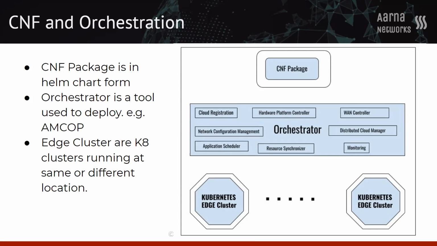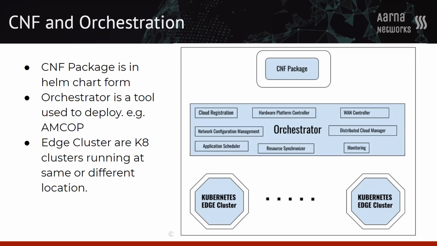When we want to onboard these packages to any of the Kubernetes edge clusters, there is a tool that sits in the middle, as we see in the diagram, called an orchestrator. The orchestrator will pick up the CNF packages and deploy them on one or more Kubernetes edge clusters. These clusters could be different public clusters or they could be private. As I said in my previous slide, any of these cluster categories could be there.